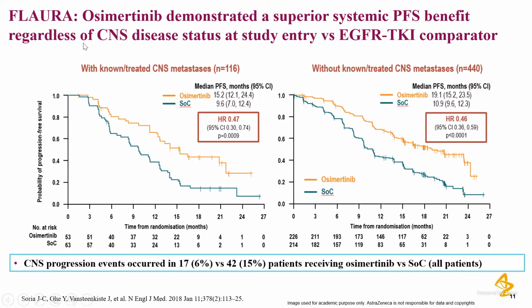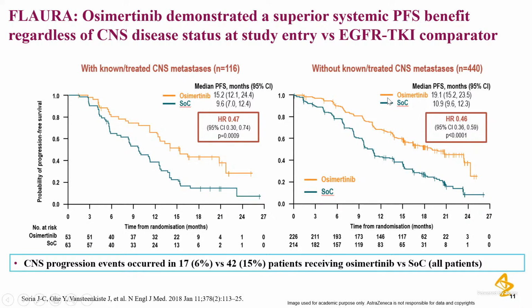You can see the curves separated at the beginning itself. So the patients with CNS metastasis had a median progression-free survival of almost double as compared to first-generation EGFR TKIs.